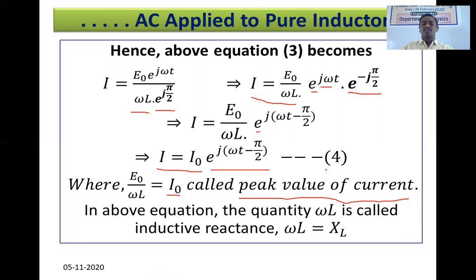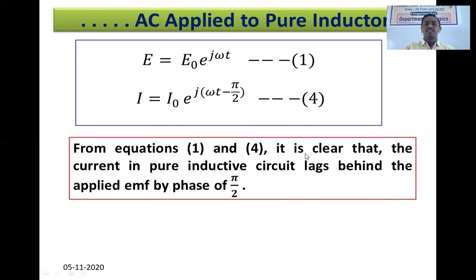Here finally we have obtained the instantaneous value of current by solving the circuit containing an inductor. Initially we applied the AC voltage having EMF equals E0 e to the power j omega t, and the instantaneous value obtained in the circuit is I equals I0 e to the power j omega t minus pi by 2.